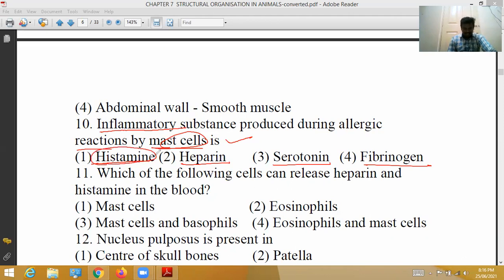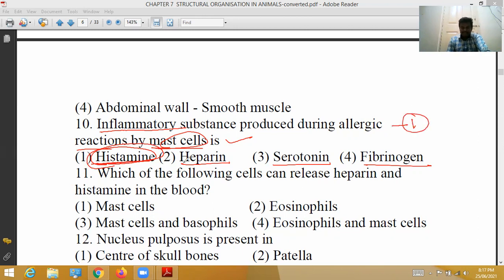Mast cells contain granules of heparin and histamine. Histamine produces inflammation, increasing permeability of blood vessels, which activates blood platelets and causes contraction of smooth muscles. So the swelling substance is histamine. That is the first option.